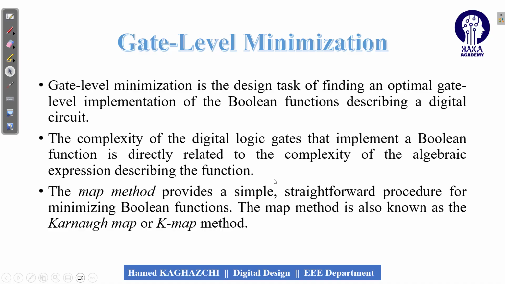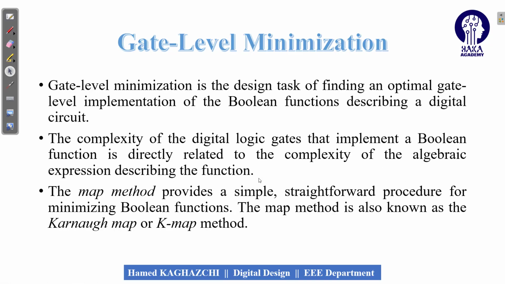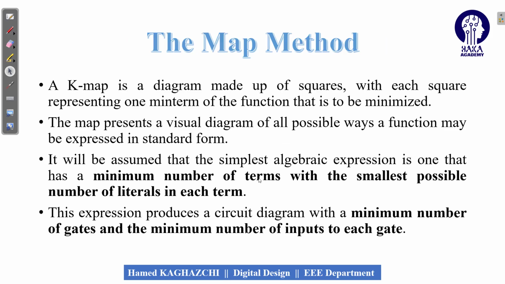Let's first define the Karnaugh map. A Karnaugh map is a diagram that has squares, and inside each square we write the corresponding minterms of the function. According to the number of variables of the Boolean function, the dimension of the Karnaugh map will change.